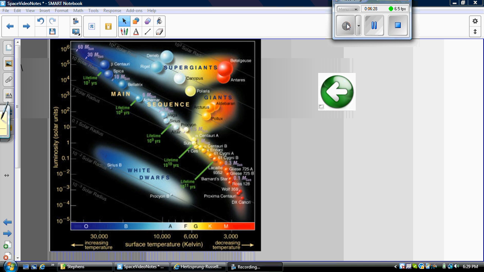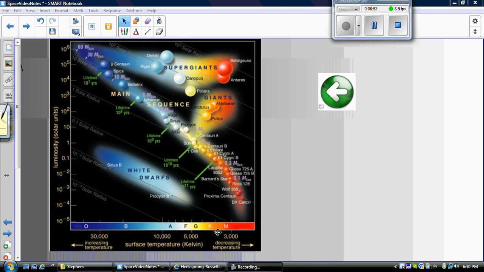Okay, so if we take a look at our main sequence graph again, what you're going to see is, again, most of the life cycle of a star is spent in the main sequence. When they start to change into giants and supergiants, because they are emitting a lot of energy, that energy is escaping into space, they're really bright.